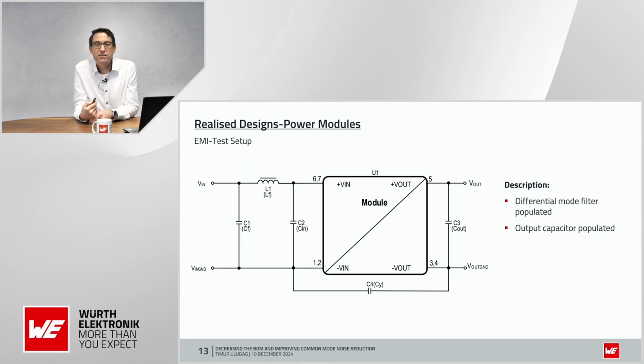To be safe in terms of really covering the common mode noise, we put here an input filter and also an output capacitor so that we are sure that we mostly go for the common mode noise and see here for the Y capacitor the effects of different Y capacitor values.